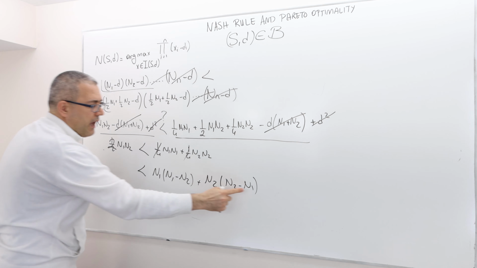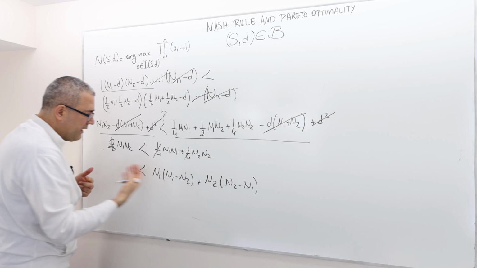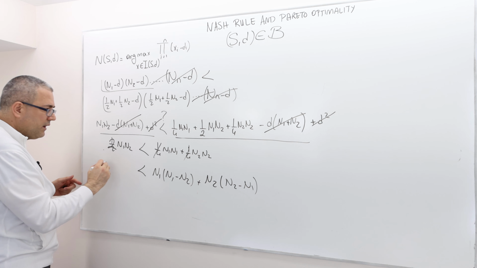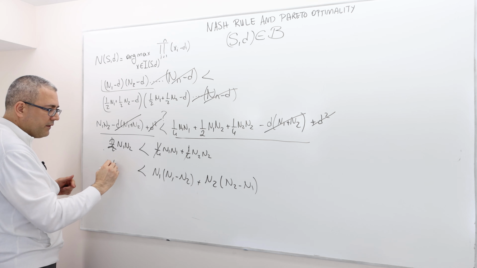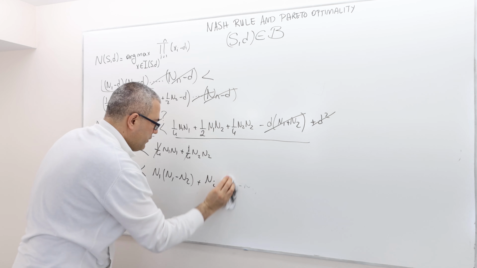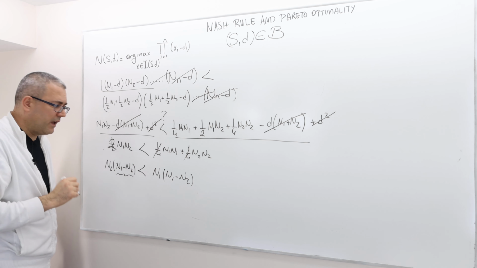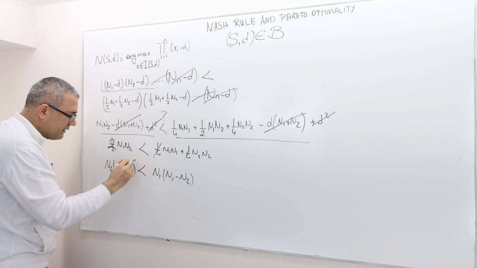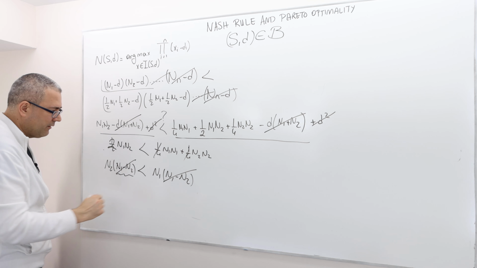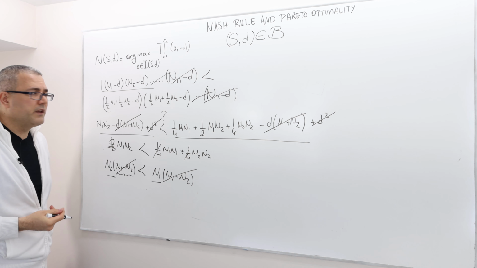We know that n1 is greater than n2, right? That was the assumption. So we send this guy to the other side. So it's going to be n2 parentheses n1 minus n2. Okay, good. What else? Well, remember n1 was greater than n2. They're not equal, so this is not 0, so I can cancel that out. And so n1 is greater than n2. Exactly, this is what we assumed.